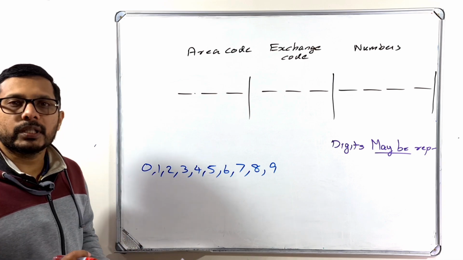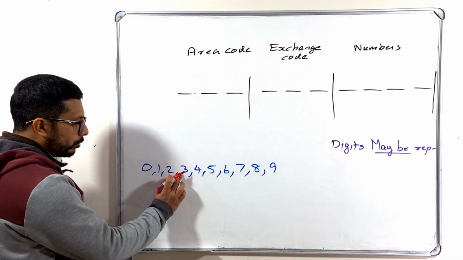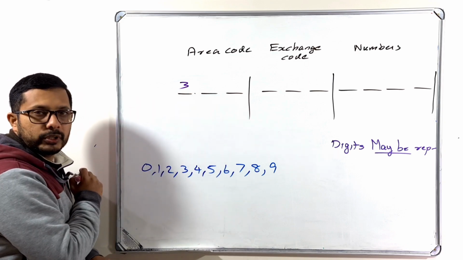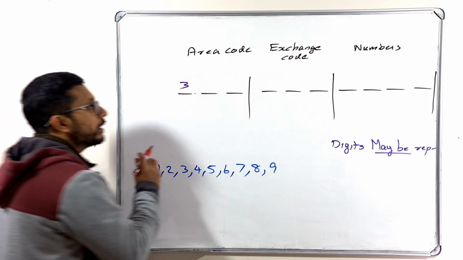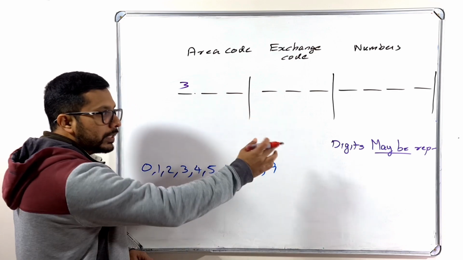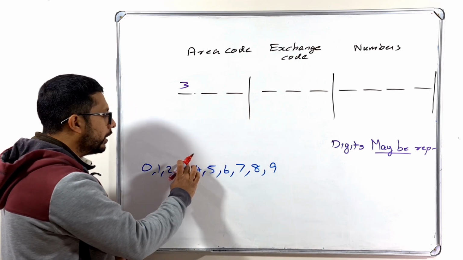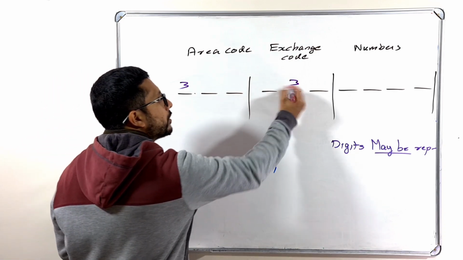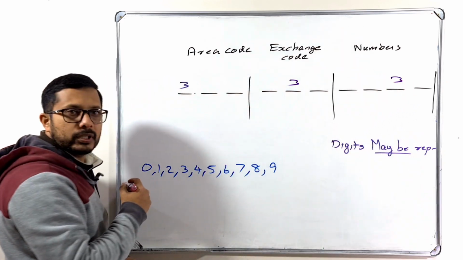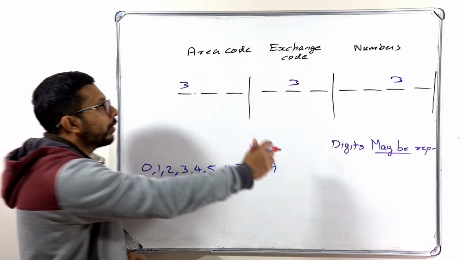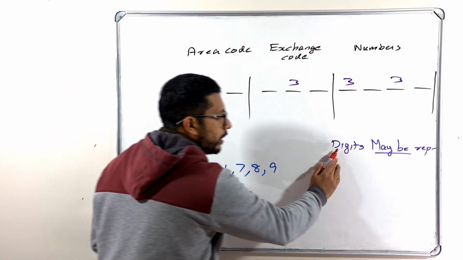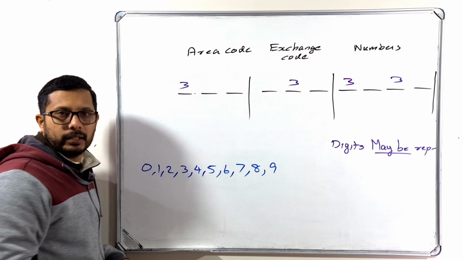Digits may be repeated means that assume I took this number 3 and put it there. It doesn't mean that I can't take this 3 again. I can write this 3 again, maybe here, or here also. It doesn't matter, there can be 3 threes or 4 threes. Why? Because the condition is digits may be repeated.